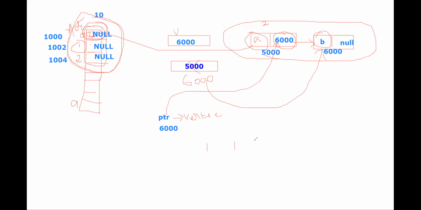I'll take another temp variable and store here the pointer 5000. Yes, it is pointing to the first node in the list of vertex 0, the first adjacent neighbor of the vertex 0.